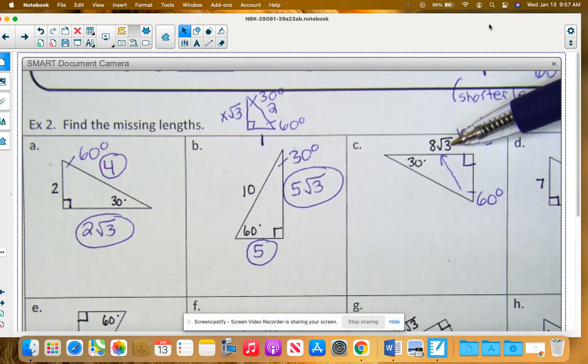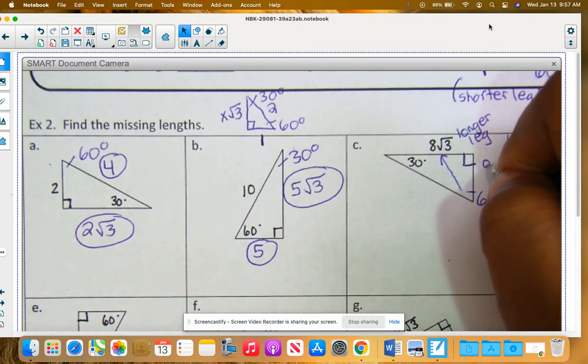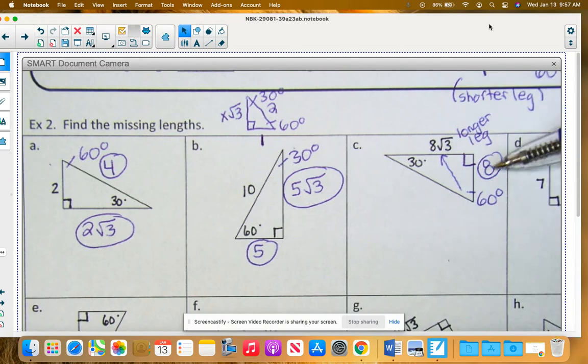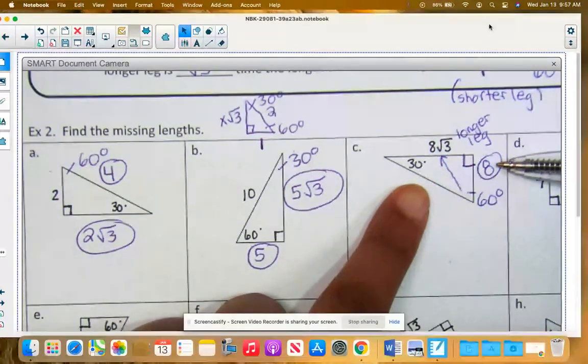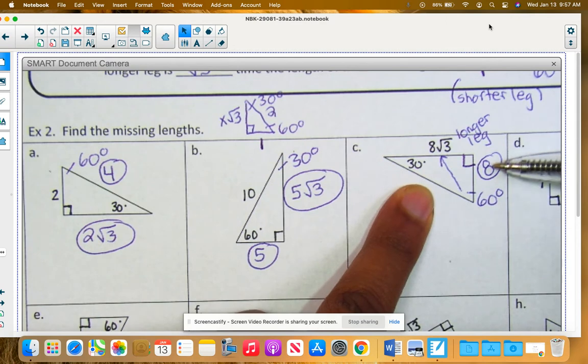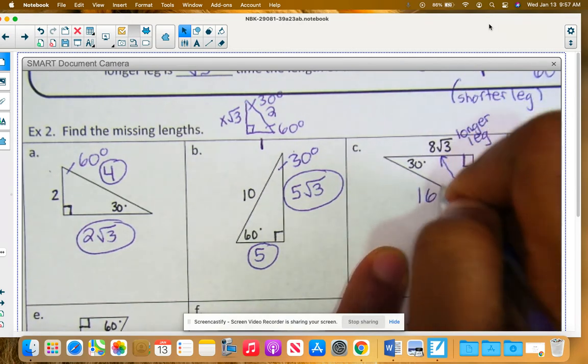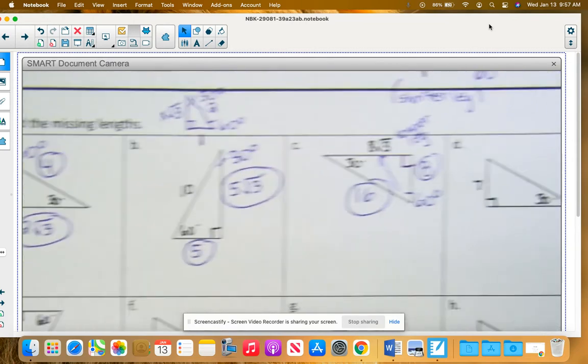So if I get rid of the square root of 3, that means that this side is 8. Because when I multiply it by the square root of 3, I get 8 square roots of 3. I know my relationship between the short leg, which is 8, and the hypotenuse is that if I take my short leg and multiply by 2, it'll give me the hypotenuse. So short leg multiplied by 2, 16 is the hypotenuse.